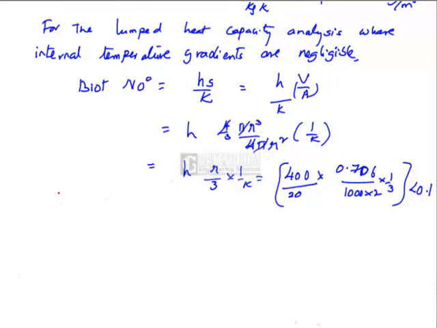Now, writing the temperature as a function of time, because lumped heat capacity analysis is valid, that is T minus T infinity divided by Ti minus T infinity.